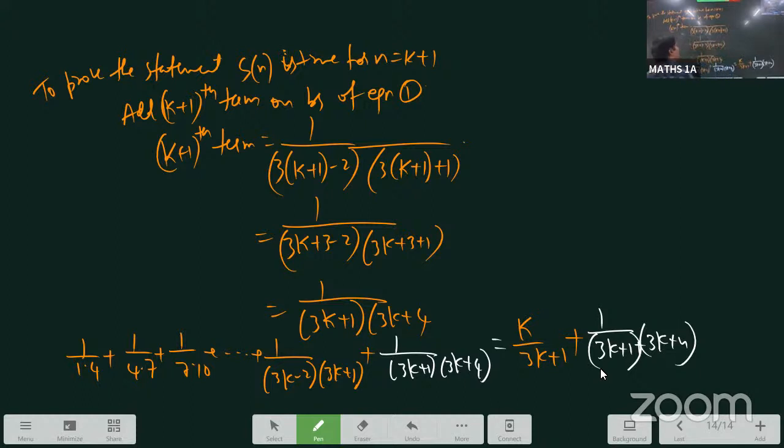See, I added the k plus 1th term on both sides. Now take your RHS and try to solve it.